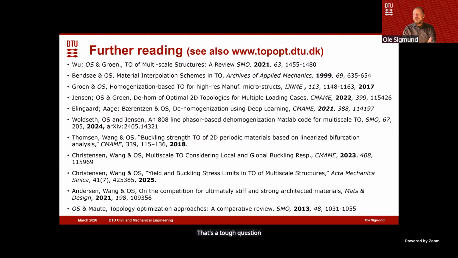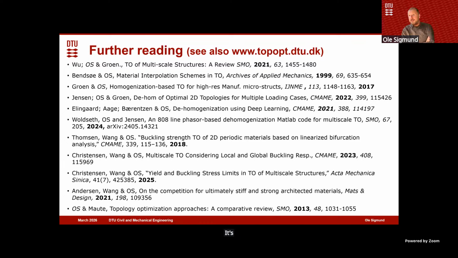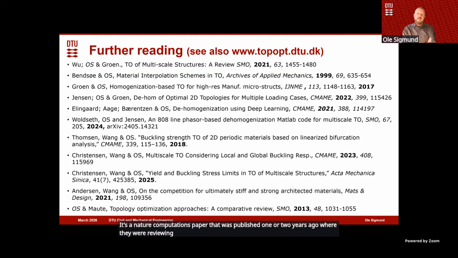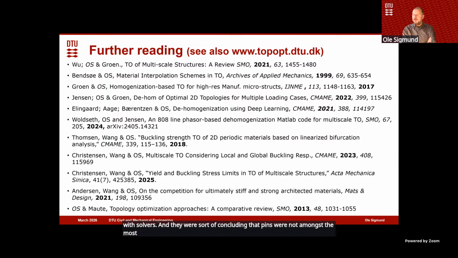I actually have a slide I have used sometimes, from a Nature Computational Science paper that was published one or two years ago, where they were reviewing various AI-based fluid solvers. They were concluding that PINNs were not amongst the most promising parts, so they actually didn't review them at all.